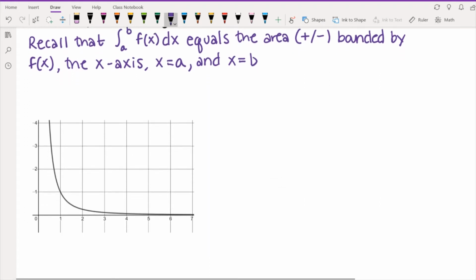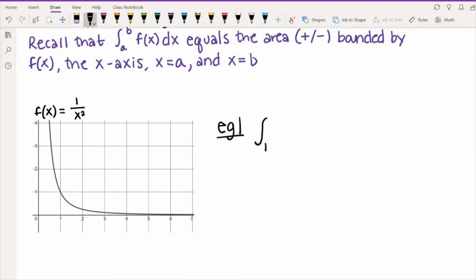So to give a quick example of that, here I have the function, so this is f of x is equal to 1 over x squared. If we take the integral from 1 to 2 of 1 over x squared, so what is our antiderivative?